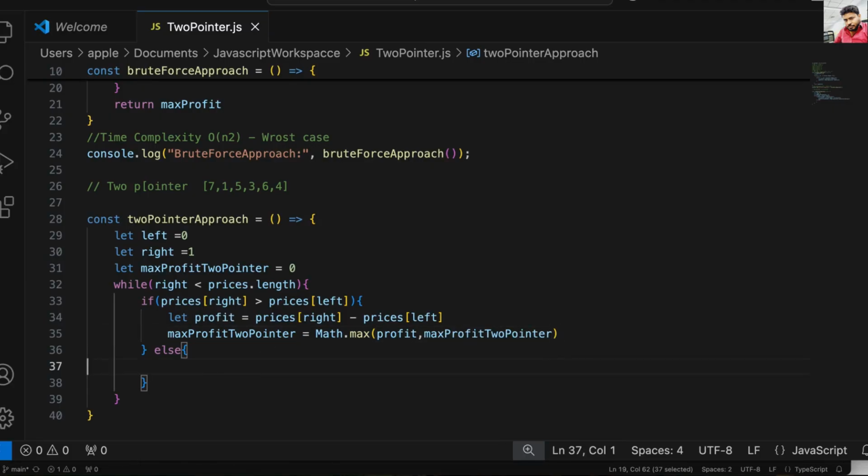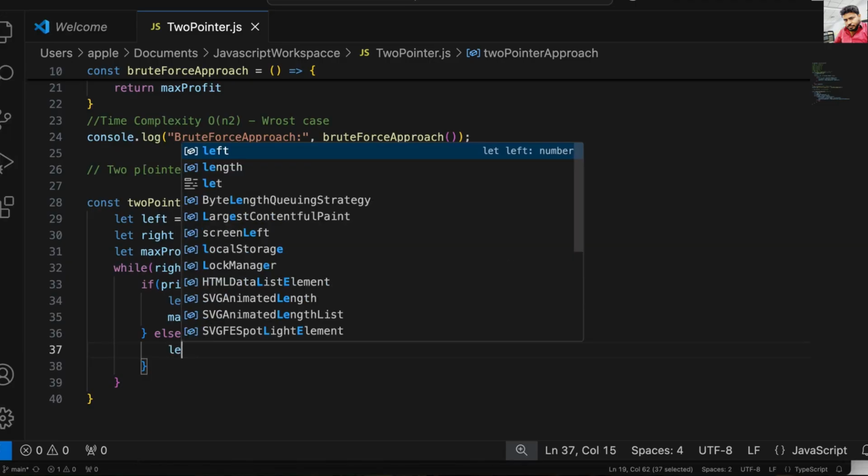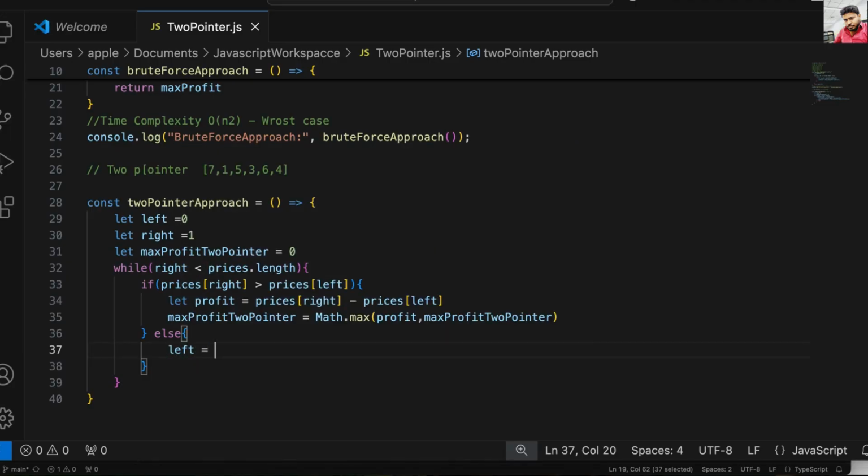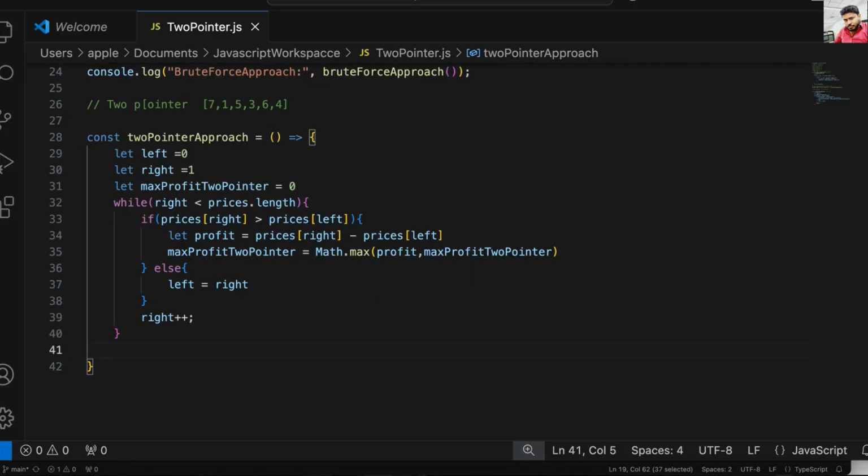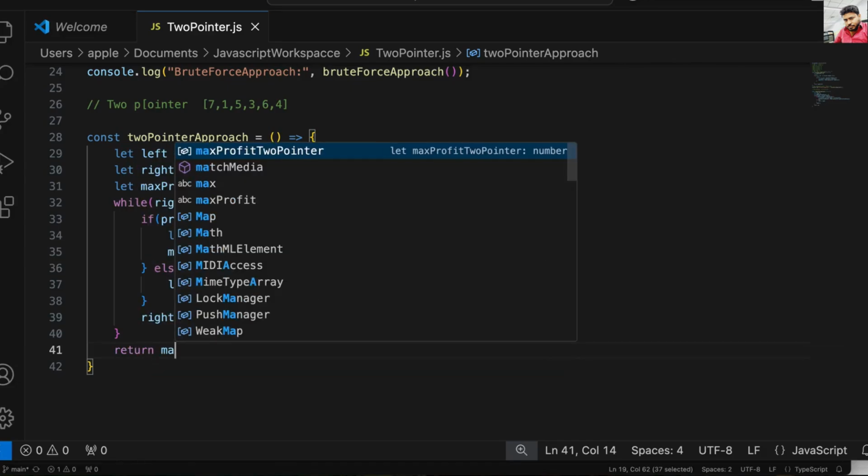Else, if that is not satisfied, you need to assign the right to the new left. Then this is the default one. If else is completed, then right will be incremented. So this is the logic, and I am going to return my max profit variable.